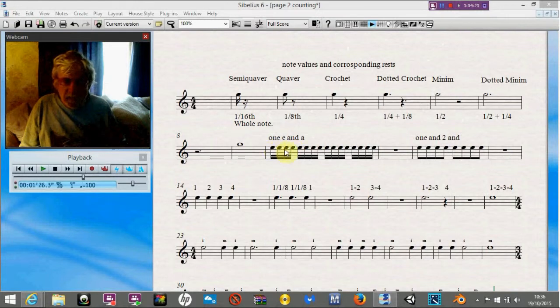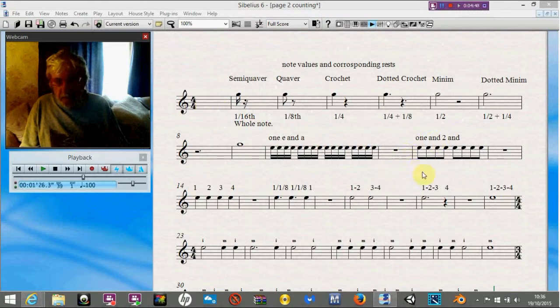So you have 1 E-ander, 2 E-ander, 3 E-ander, 4 E-ander. They're your 16th notes. There's a double beam, and each beam holds 4 notes of 16 value within this rhythm.